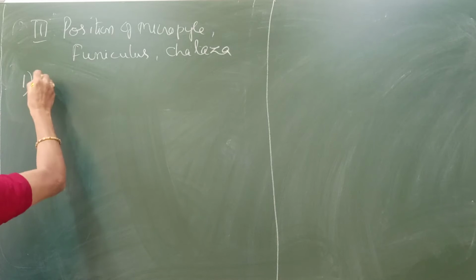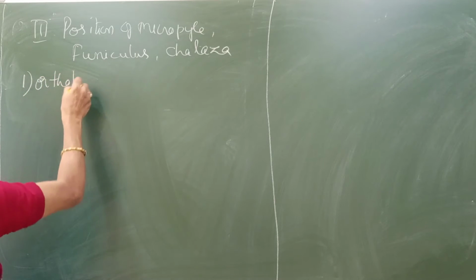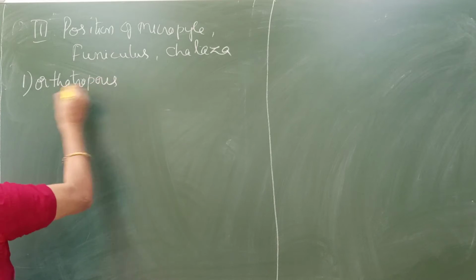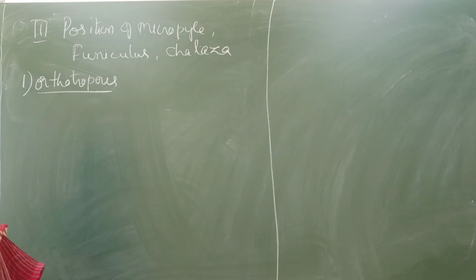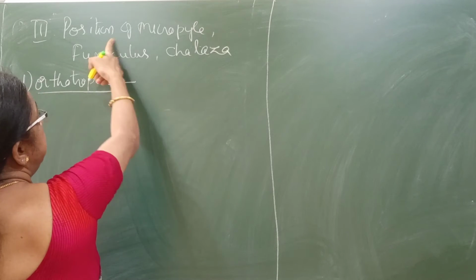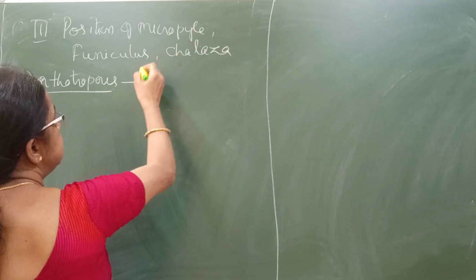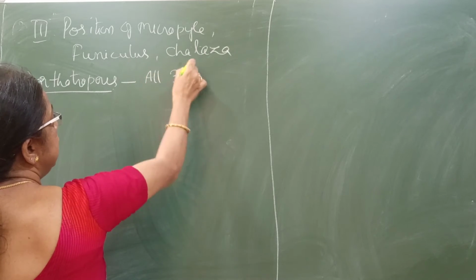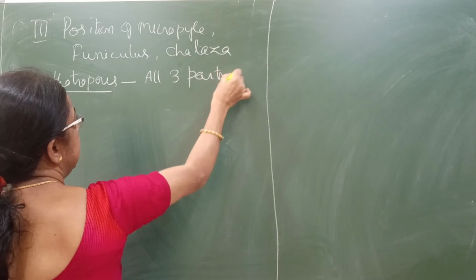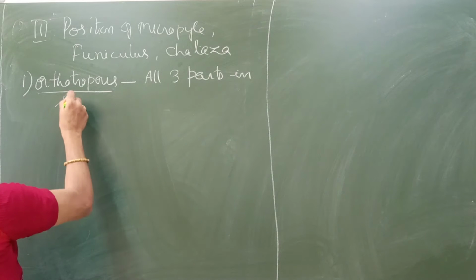The first one is called orthotropous ovule. Orthotropous means all three parts, micropyle, funicle and chalaza, are in the same straight line.